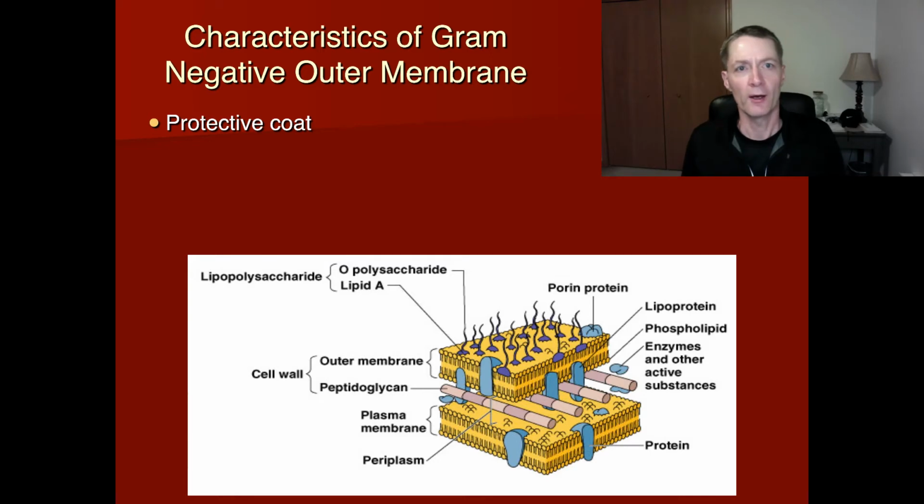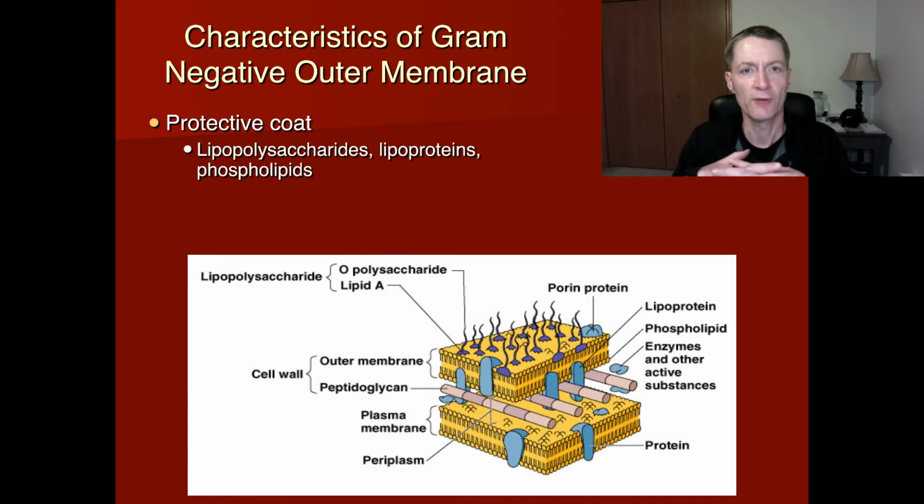So what are some of the characteristics of a gram-negative outer membrane? This outer membrane that's not existing in the gram-positive cell. This protective coat has lipopolysaccharides. It has lipoproteins. So we say lipo, it's something to do with lipids, right? So fats.